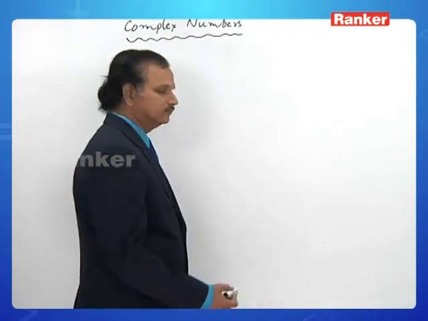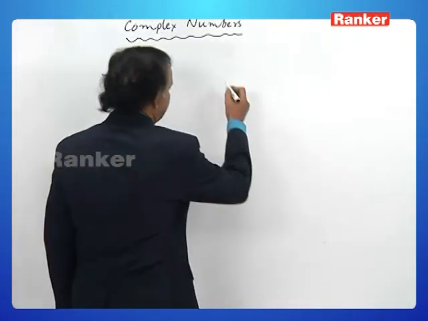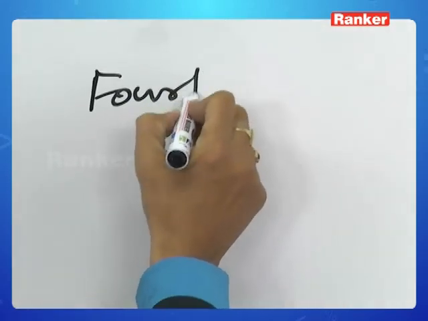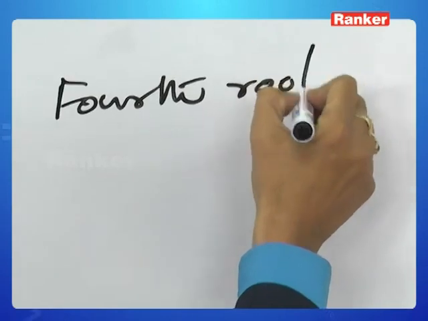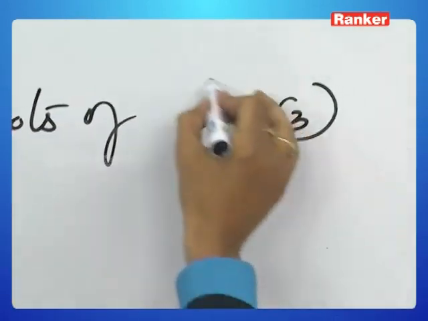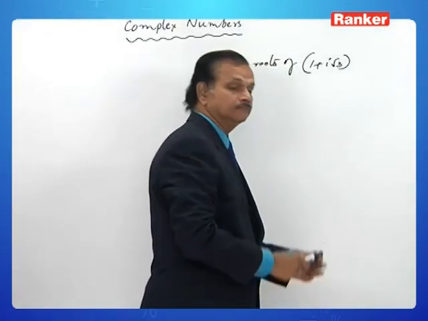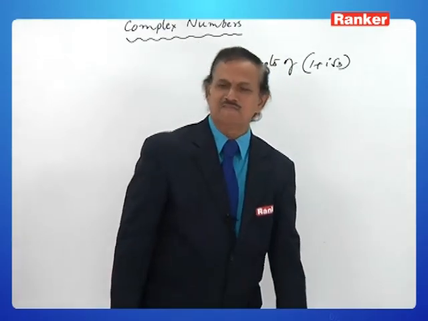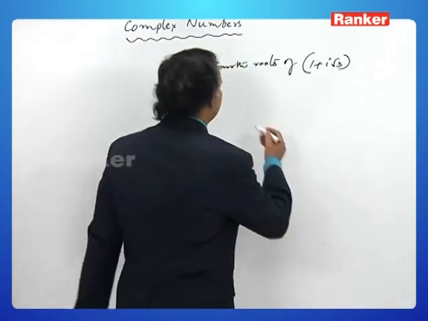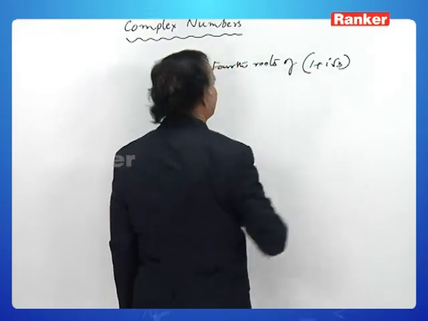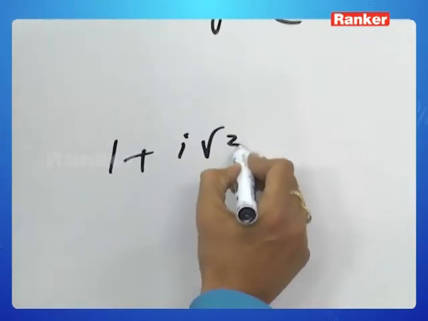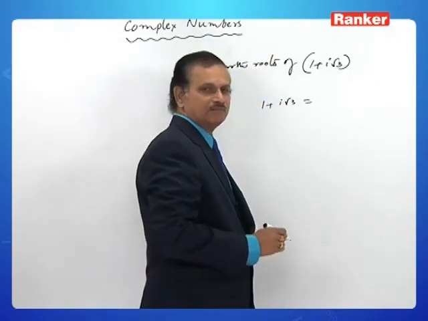That is a matter of obtaining the fourth roots of 1 plus i root 3. What are the fourth roots of 1 plus i root 3? We want to write 1 plus i root 3 in mod amplitude form.